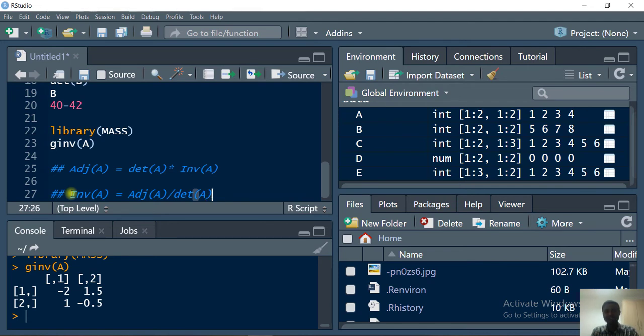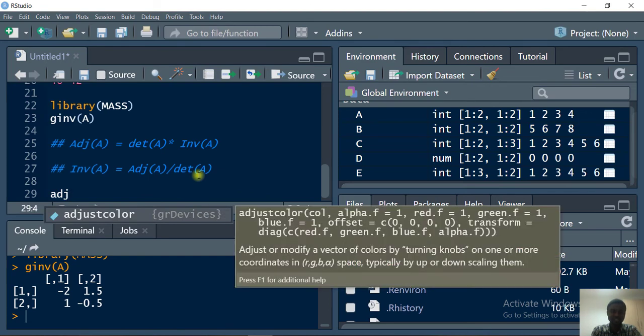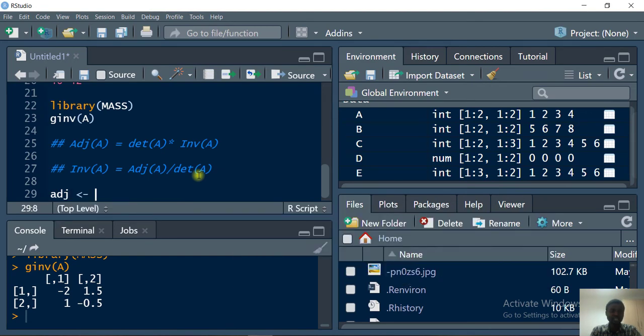So we have the understanding of how we can get our determinant, and at the same time how we can get our inverse. So it becomes very easy for us to calculate the adjoint of matrix A. For instance, to get the adjoint of matrix A, I'm going to store it as adj, and I say determinant of A, and then multiply.